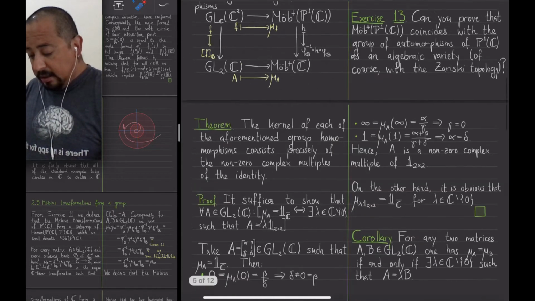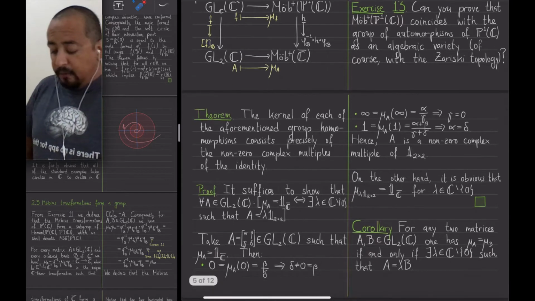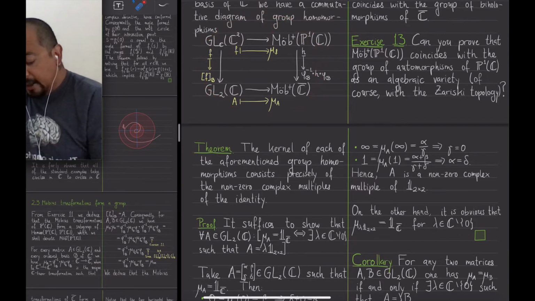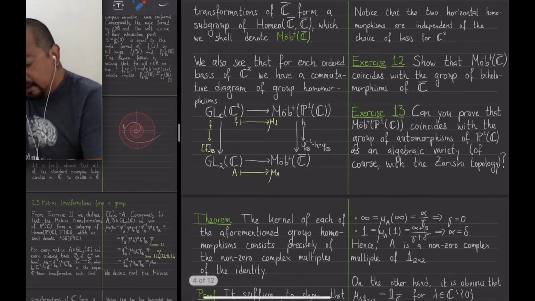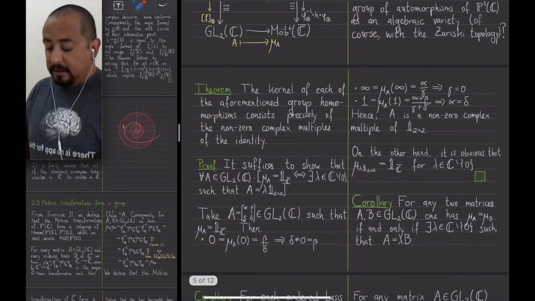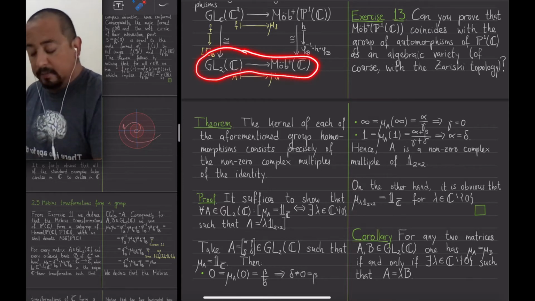Okay, so the proof is actually quite easy. First of all, because of the commutativity of this diagram, and the fact that the vertical maps are isomorphisms, group isomorphisms, we see that it suffices to prove the statement for this homomorphism.